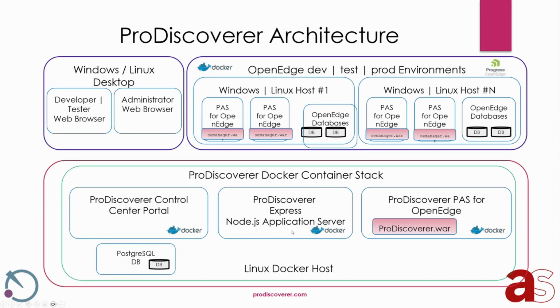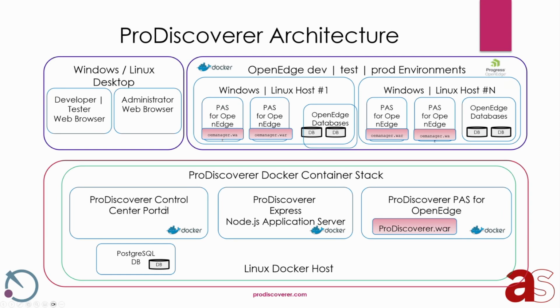I'm not going to go into a lot of detail on the architecture here, but just to very briefly explain: on the bottom layer, we have a container stack that runs with ProDiscoverer. It consists of a Postgres database where we store various data that we're collecting, the setup of the ProDiscoverer instance itself, but also health scanner data and metrics and other things that we collect from the PASOE instances we're working with.